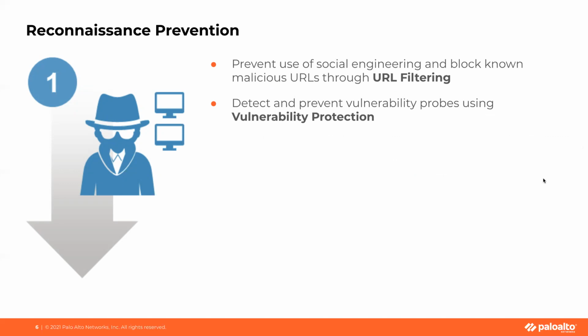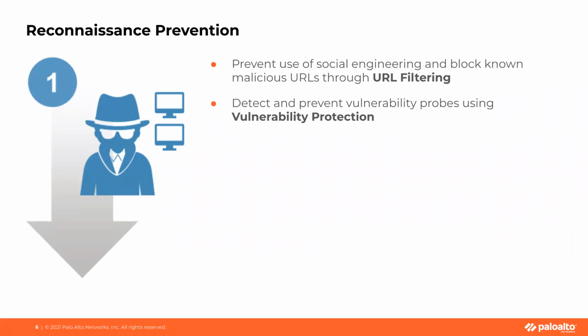So what can we do to prevent this? Obviously, for the information that's publicly available, there's not a lot that Prisma Access as a solution can do, right? If the information on LinkedIn or on the corporate website is public, it is where it is. But the social engineering part, where someone might be specifically targeting particular individuals, can be blocked using URL filtering.